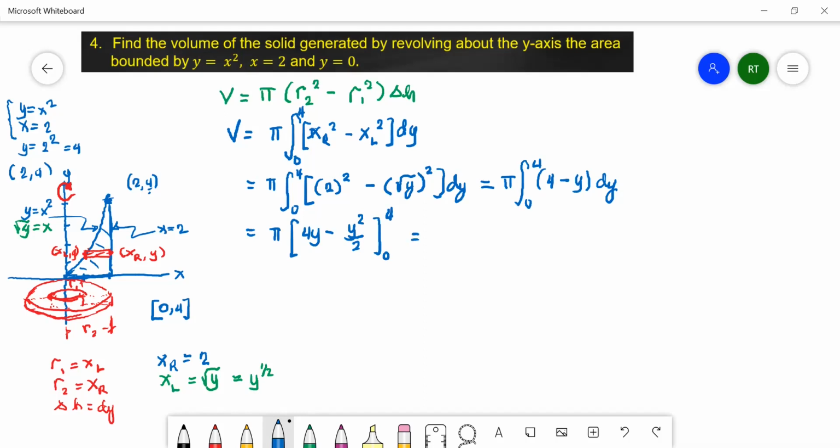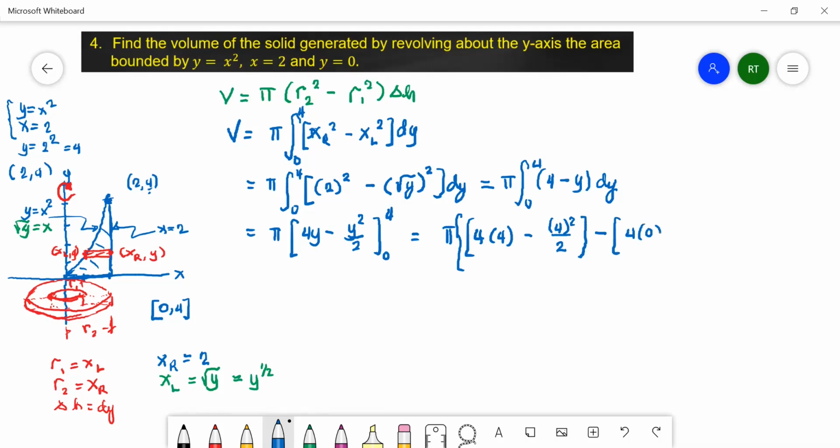Okay, thus this will give us pi times 4 times the value of y at the upper limit 4. So we will have 4 times 4 minus 4 raised to the second power over 2. Okay, this is the value of the integral at the upper limit 4 minus the value of the integral at the lower limit 0.